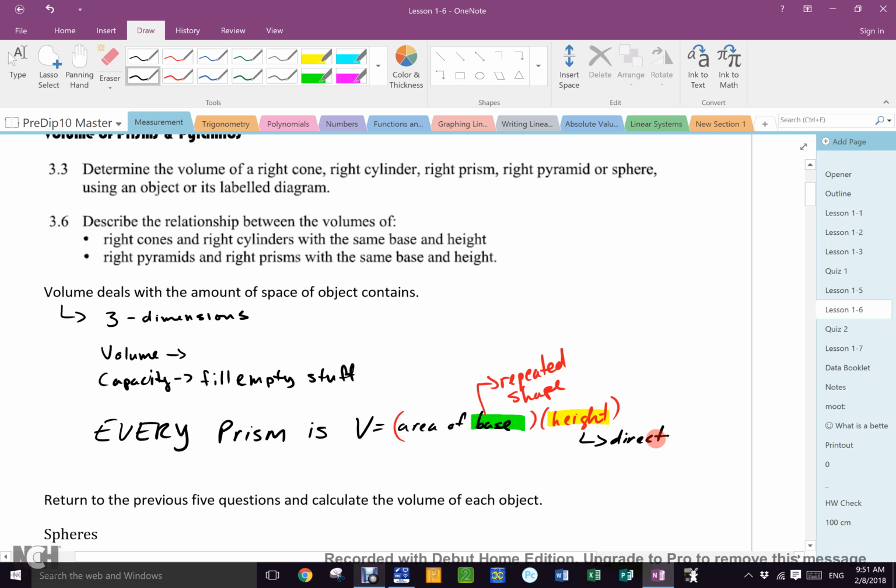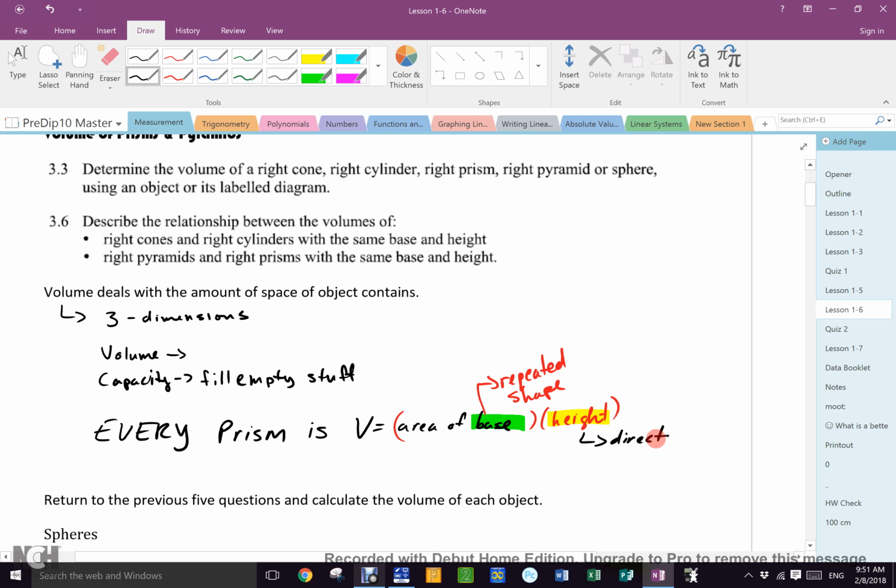Area of the base. It still starts as area of the base. And that's still the shape that repeats, yes? Okay. Now, what direction does that shape repeat? It follows the height, right? That's the same, isn't it? Okay. It follows the height.